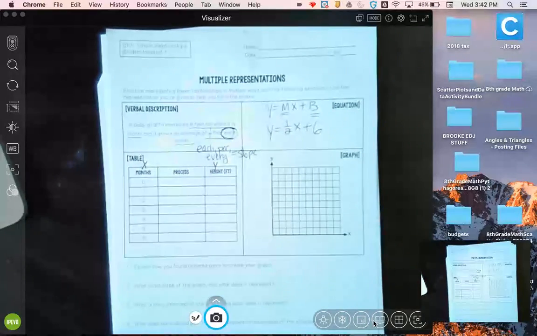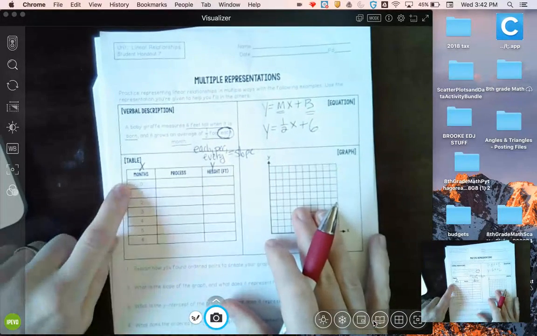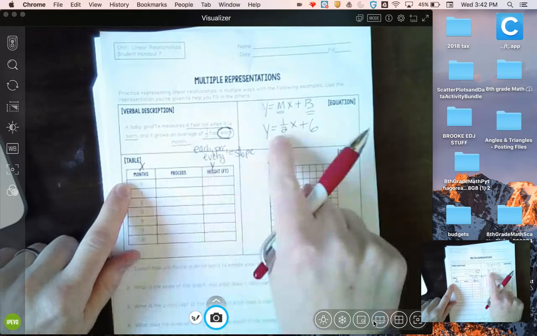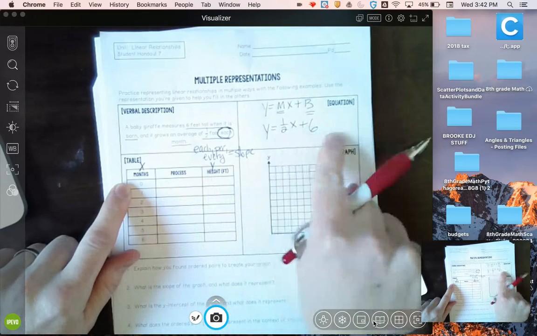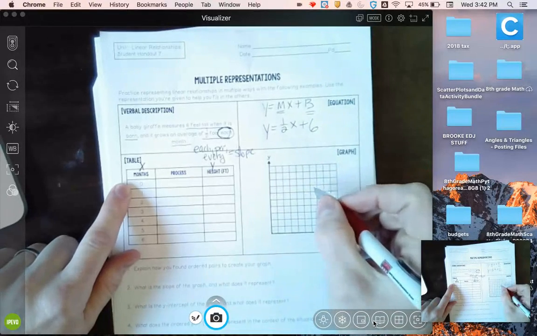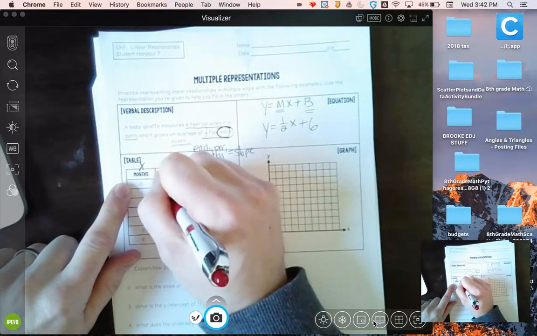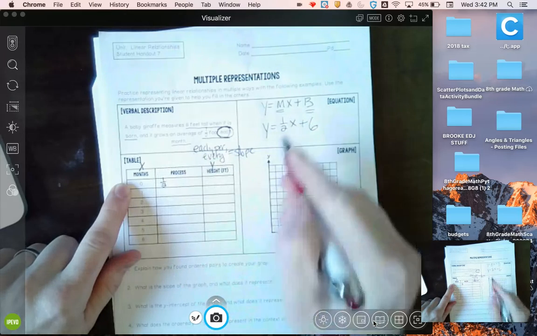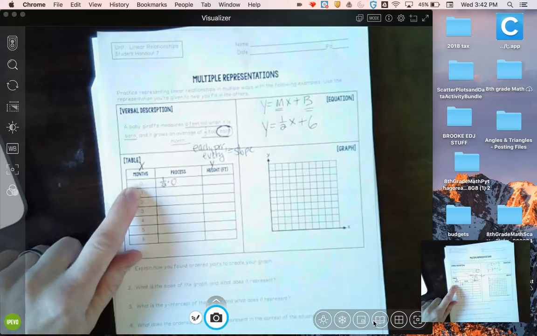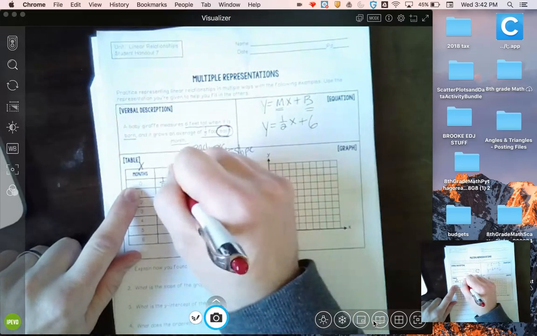So how do we use this now? Well, if this is my x value, all I'm going to do is put that 0 in wherever I have an x, and I'm going to solve it. This is what it looks like. I'm going to put in 1/2 times 0 plus 6.